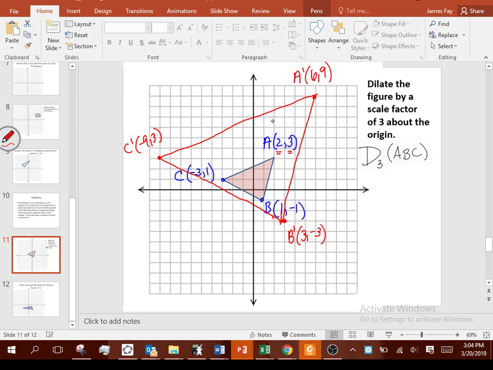If you were to take a line from A prime back through your center of dilation, which is the origin here, it's going to pass through A. If you take a line through B prime back to your origin, it's going to pass through B. If you go from C prime back to your origin, it's going to pass through C. So C and C prime and your dilation point are collinear. A prime and your dilation point are collinear. Same thing with B prime and your dilation point.